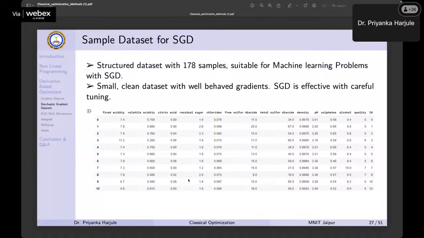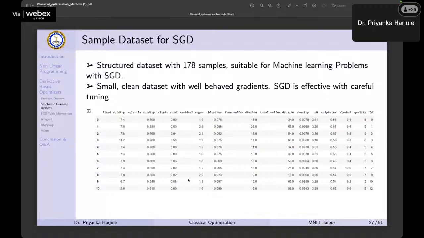So this data of 178 samples, which is very structured, numeric, clean data with no outliers, is suitable for performing the stochastic gradient descent, and SGD works well for these kinds of data.